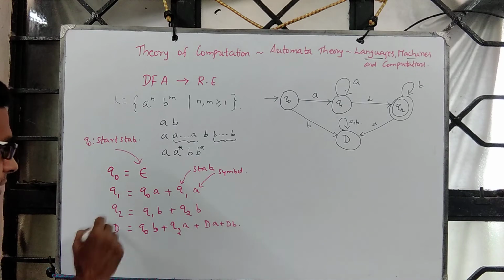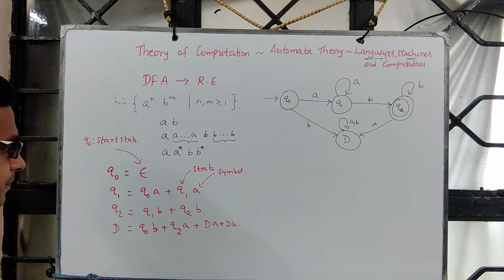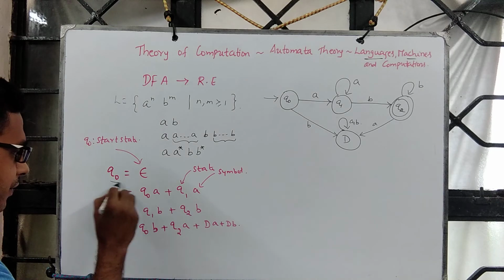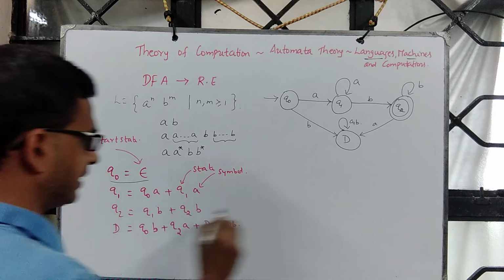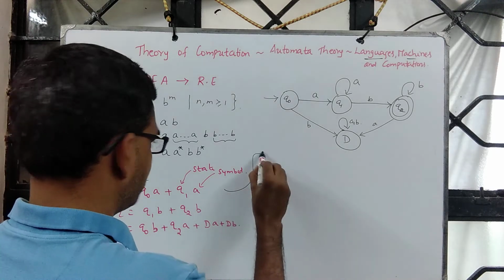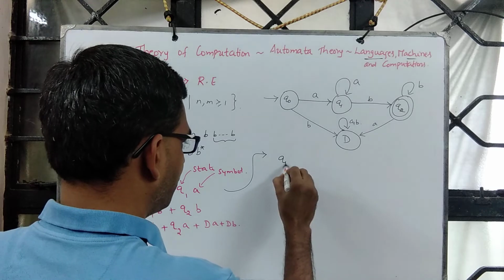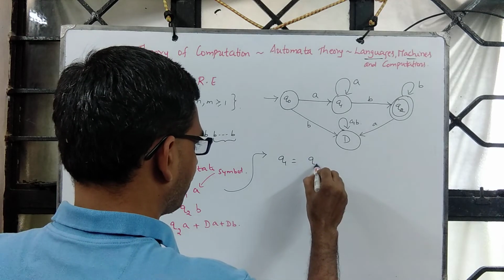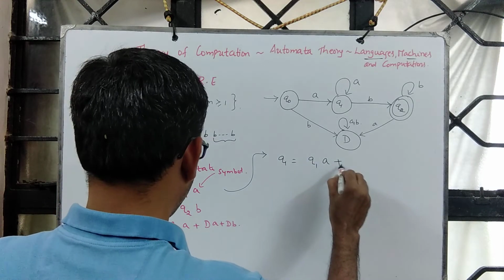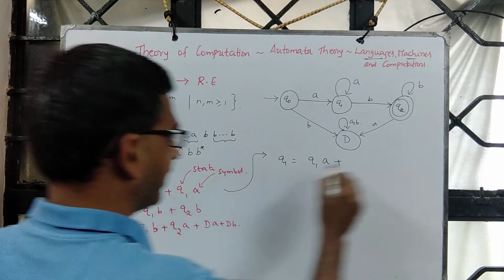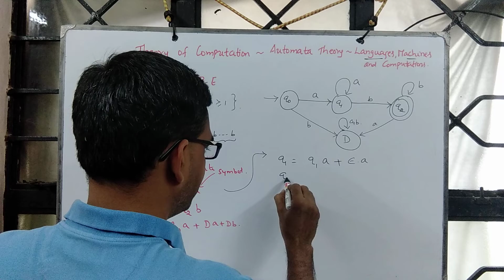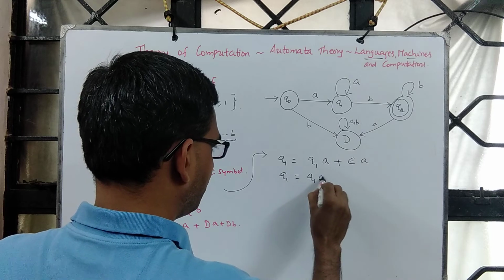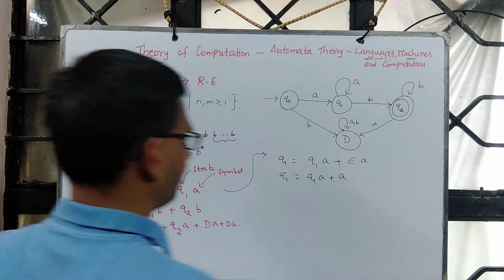Now we start simplifying this. What we do, we know the answer for this, substitute here and start simplifying. So this becomes Q1 equals Q1 A plus Q0 A. Q0 A is epsilon times A, which means Q1 is equal to Q1 A plus A.